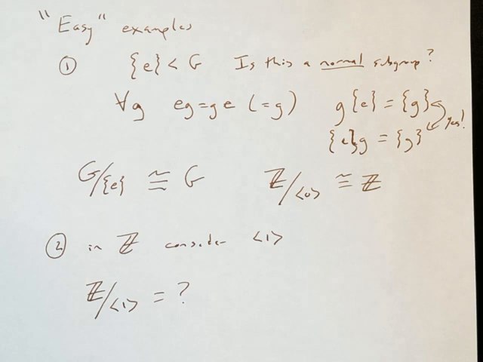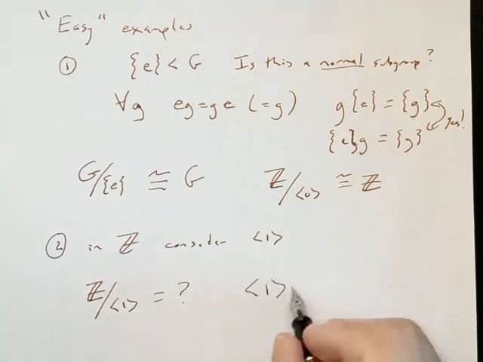Is it isomorphic to Z? Is the group generated by it the same as Z? Because Z is cyclic, and 1 is a generator for it.